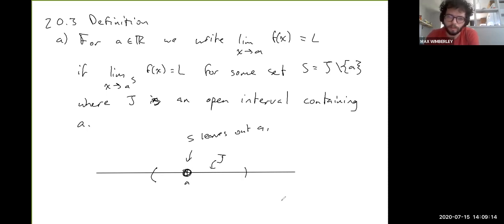So in this case, if the value of the function is just randomly displaced for no reason, the two-sided limit still exists, even though the value at a is something else, right? So anyway, that's the two-sided limit, and then one-sided limits.